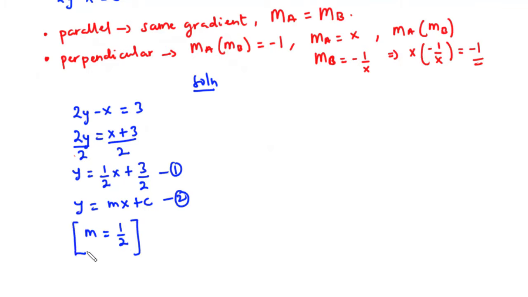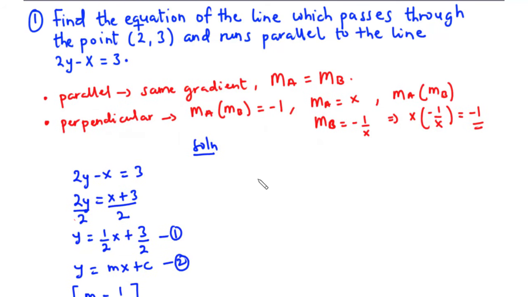So this is the gradient of the line. Now, the gradient of this line is the same as the gradient of the new line we are trying to find. Now, having the point (2, 3), that is the point the new line passes through, and having the gradient 1 over 2, let's find the equation of the new line.